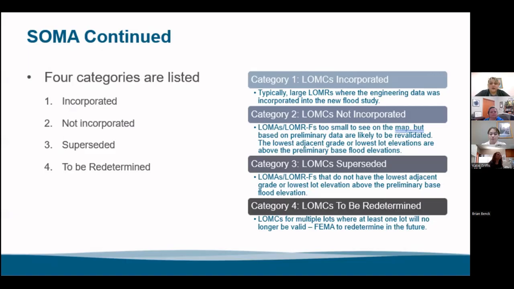And then the third category is that the letter of map change is superseded. So this is for letters of map change where the lowest adjacent grade or lowest lot elevation is below the preliminary base flood elevation, so they are not elevated high enough, and will be expected to be reincorporated into the floodplain.